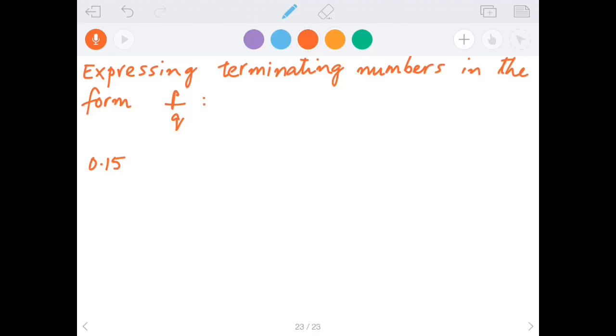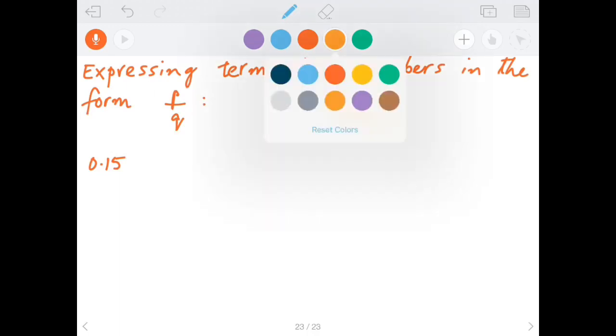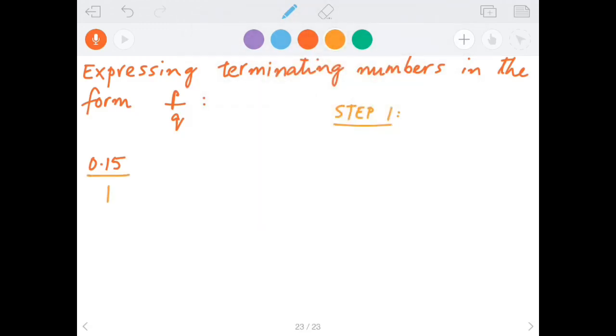Now we notice that 0.15 is a terminating number, and this is the first step we're going to do. We're going to take that number and divide that number by 1. Now what we're going to do is move 2 decimal places to the right, which will come as a part of step 2. So I'm going to start from that decimal and move 2 decimal places until I come to the end of the number, and if I move 2 decimal places, I'm going to put 2 zeros in the denominator.